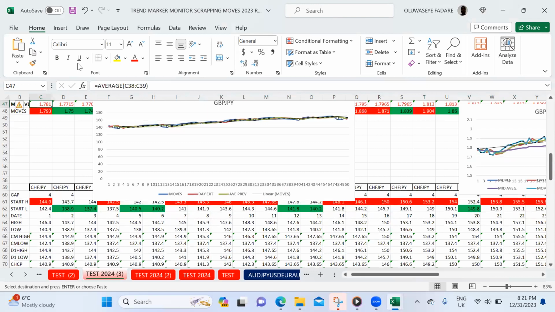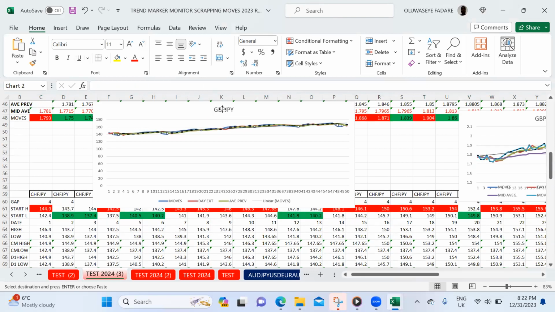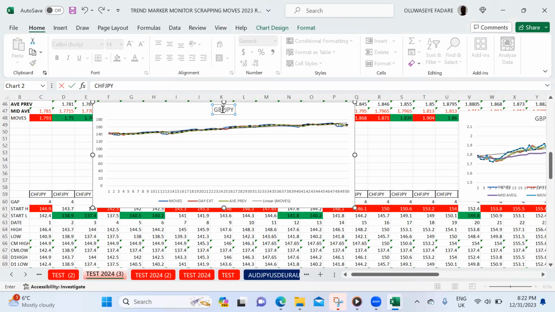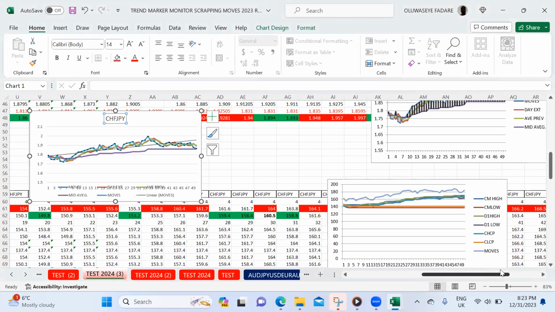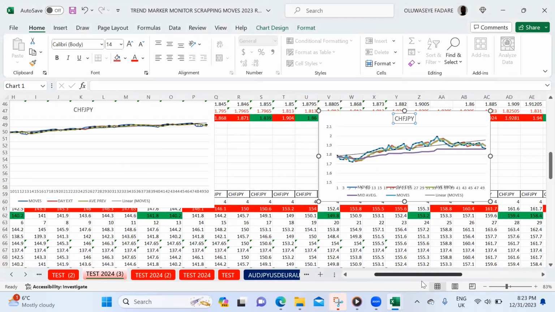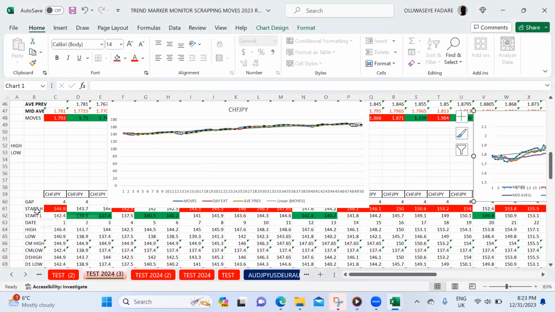So let's see how the graph looks. So it's been able to show the trend as well.